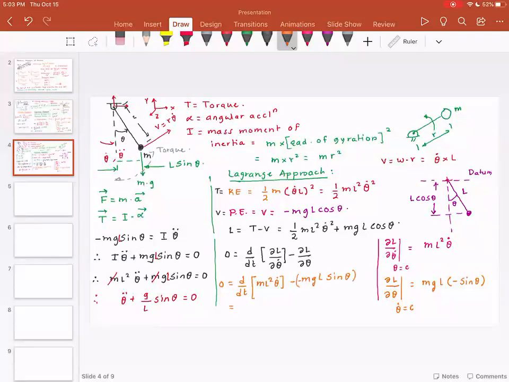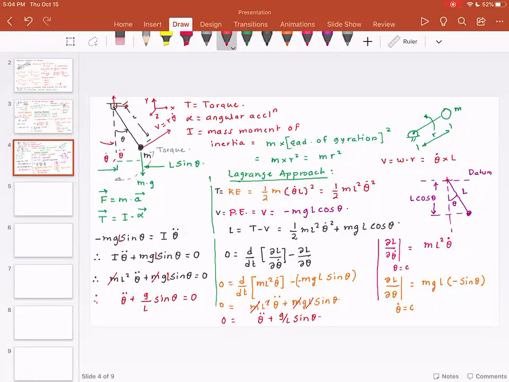So this equation now becomes m L square theta double dot plus mgl sine theta is equal to 0. So m cancels out, L square goes, and finally you have the equation theta double dot plus g by L sine theta is equal to 0.